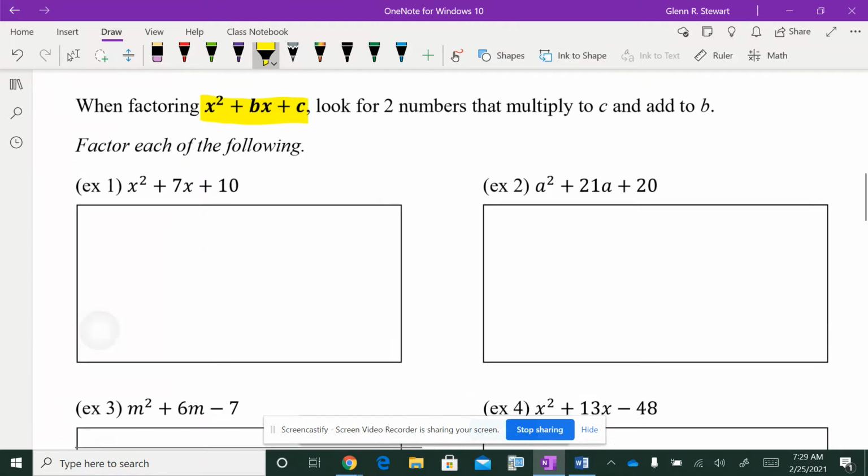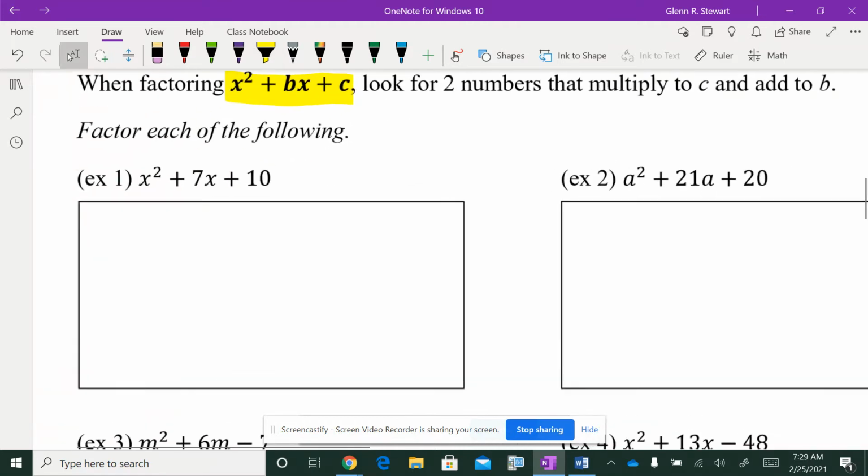So take a look at the following here. x squared plus 7x plus 10. What 2 numbers? This is essentially what you have to ask yourself. What 2 numbers will multiply to get you 10, but add to get you 7? Hannah? 5 and 2. So then whenever you're writing your answer, you're going to split your x's.